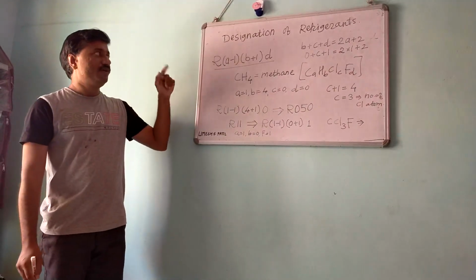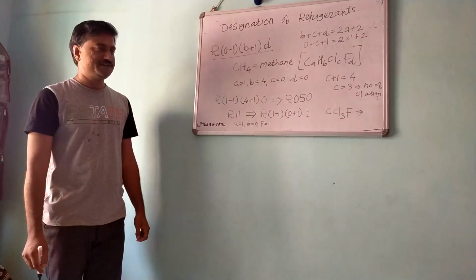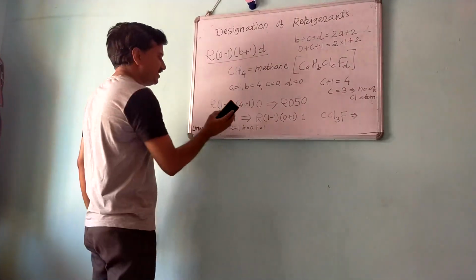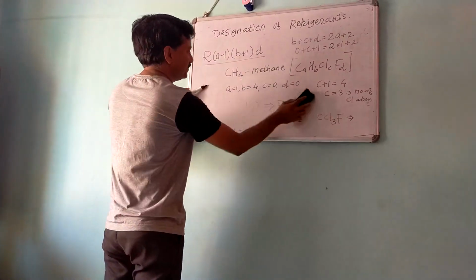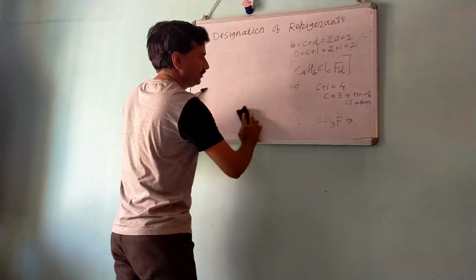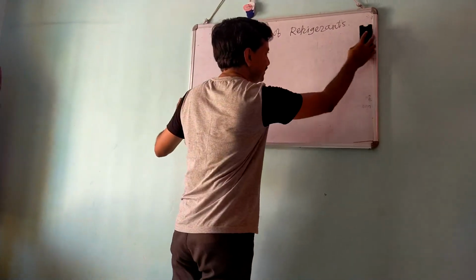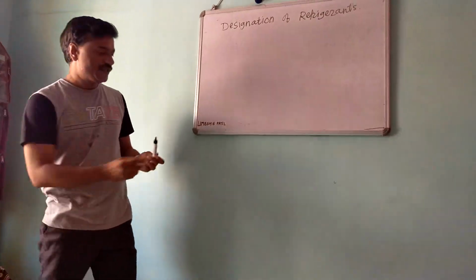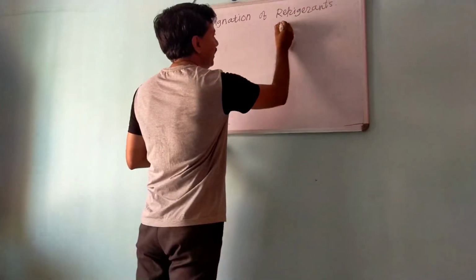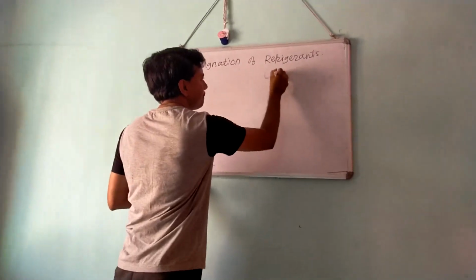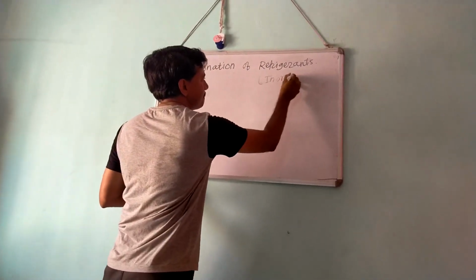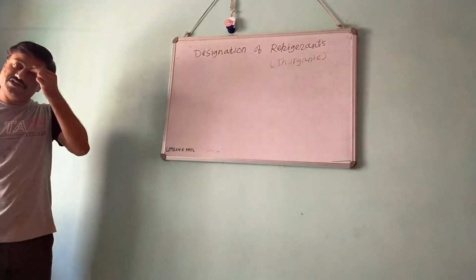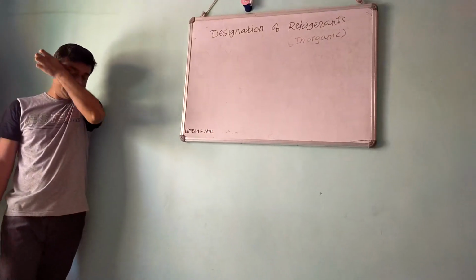Similarly, now let's come to the designation of inorganic refrigerant. Previously, whatever we discussed is applicable to halocarbon and hydrocarbon. Now the designation of the inorganic refrigerant. Inorganic refrigerant means a refrigerant which does not contain carbon.